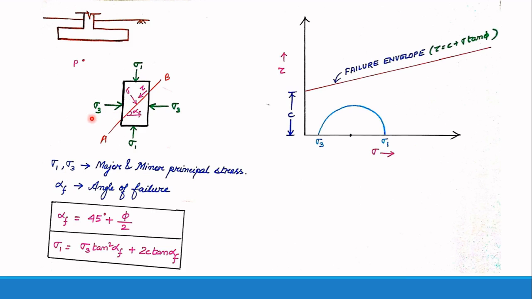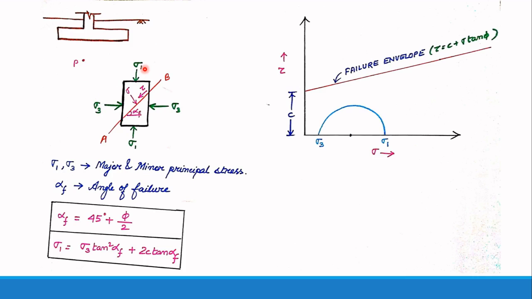Apart from that, I have lateral stress acting on the soil mass, which is denoted by sigma 3. Why is this lateral stress coming? This is because the soil at point P is surrounded by other soil particles, which also exert pressure on point P, and as a result I have pressure denoted by sigma 3.